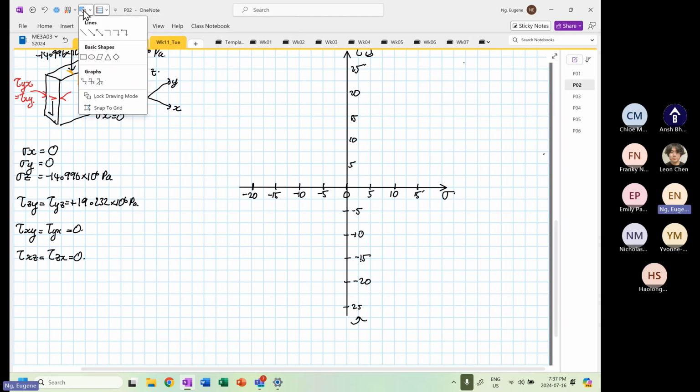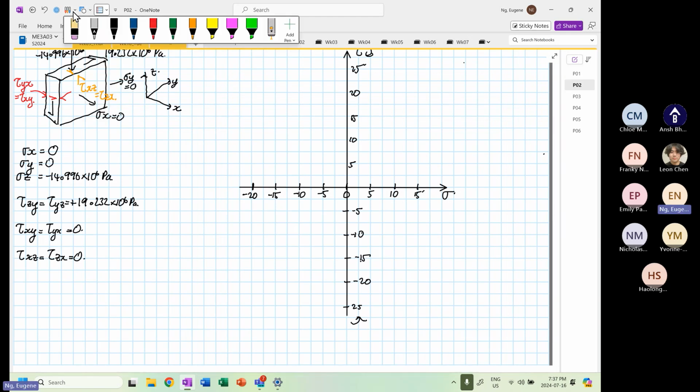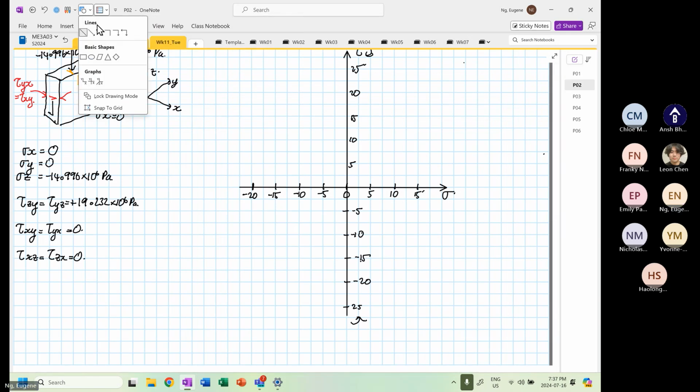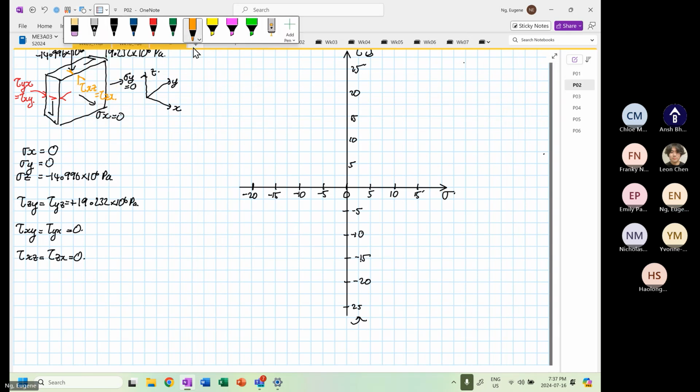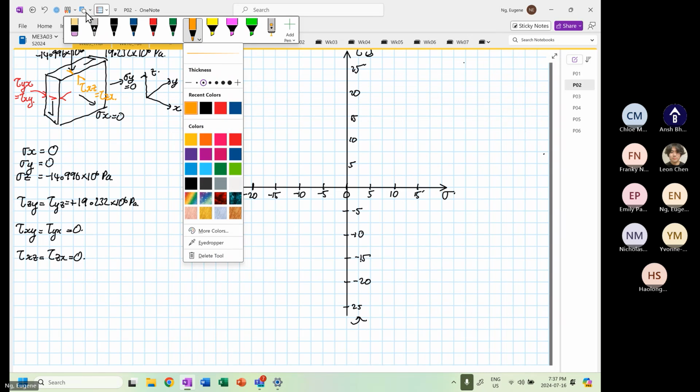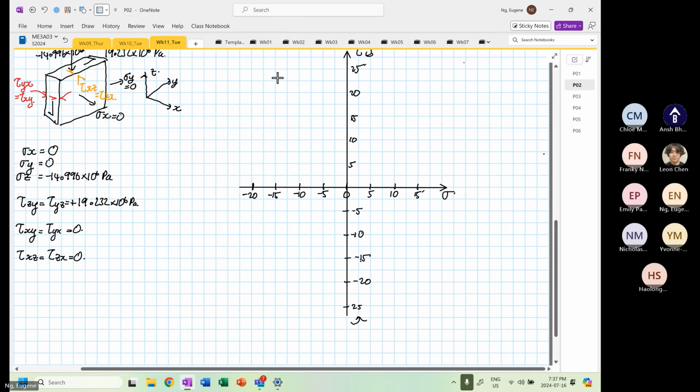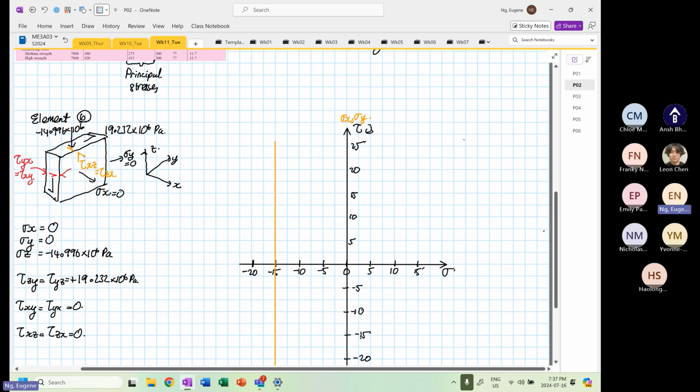So I'm going to draw a straight line on negative 15. So this line I'm drawing is the normal stress line for stress Z. Okay, it's 14.996, but I'm going to draw it as 15.